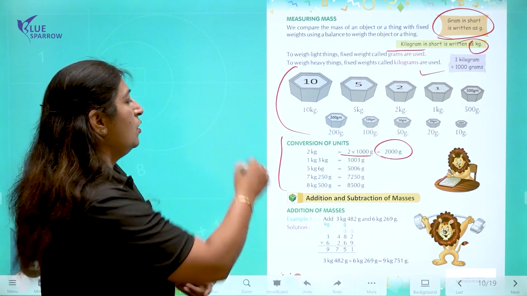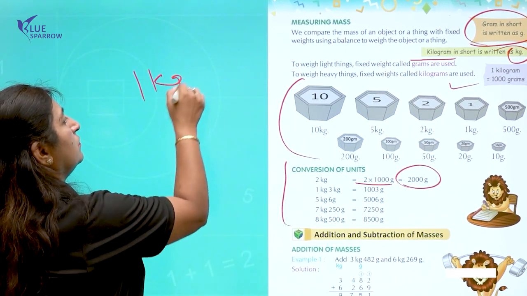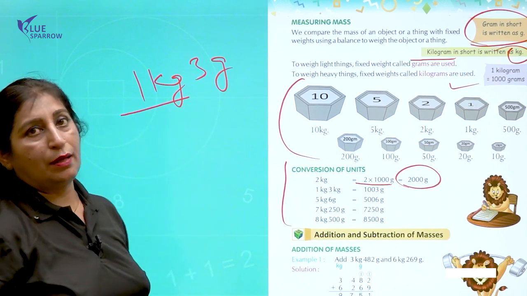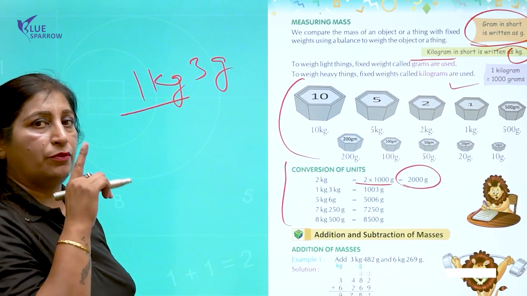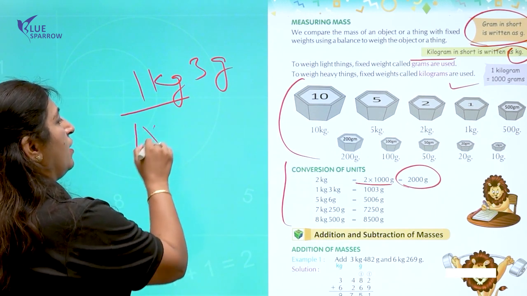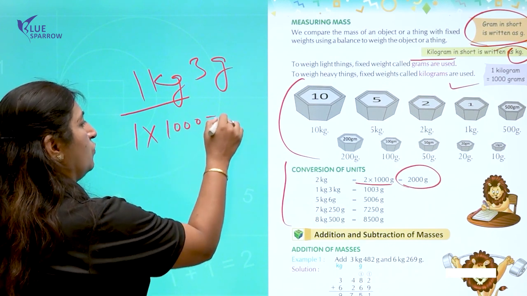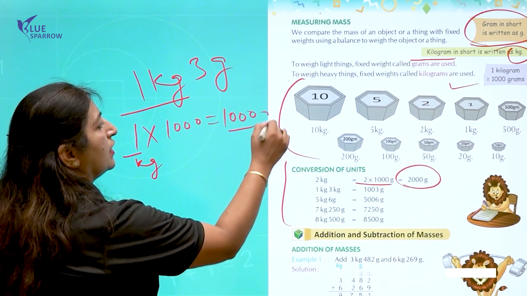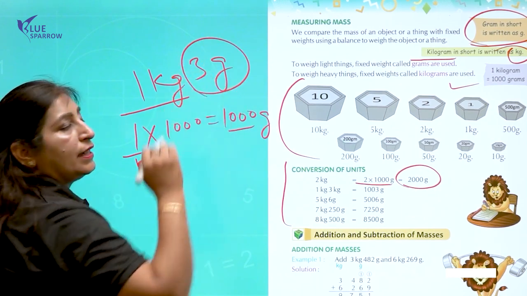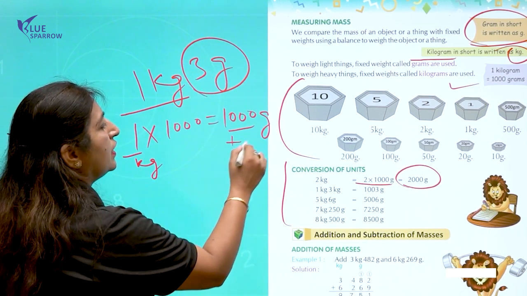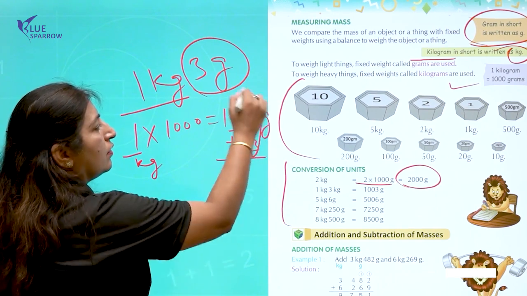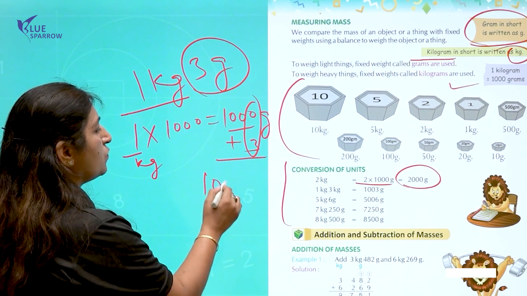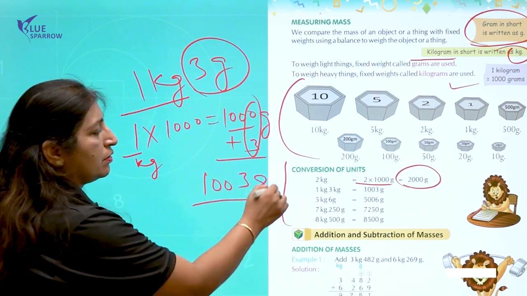And to convert 1 kilogram 3 grams into grams, firstly we would convert this kilogram into grams by multiplying it with 1000. 1 multiplied by 1000 gives us 1000, means 1 kilogram is equal to 1000 grams. 3 grams are already given there. We would add these 3 grams here and it would be written under the ones column. So it gave us 1003 grams.